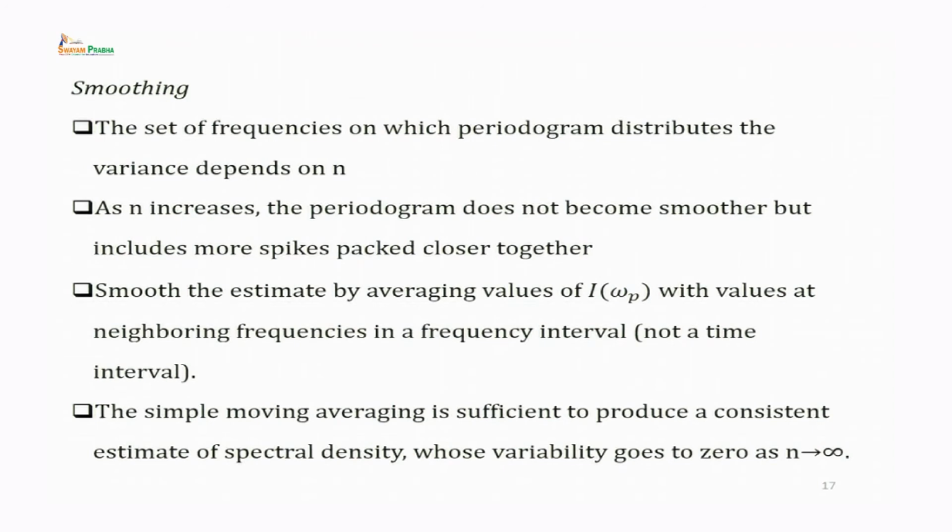Omega p is equal to 2 pi p by n. So, if you have a large time series, if you increase the number of observations, the set of frequencies also increases. But as n increases, the periodogram does not become smoother, but includes more spikes packed together.